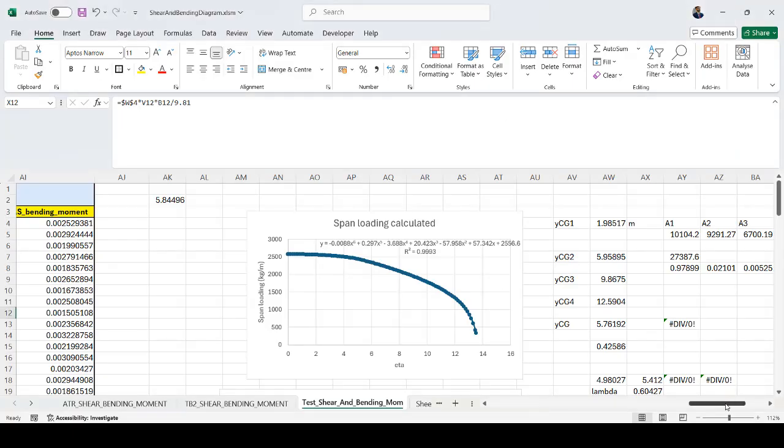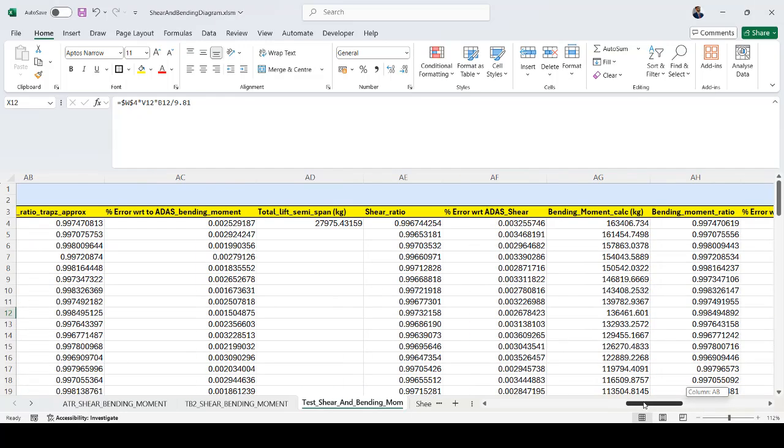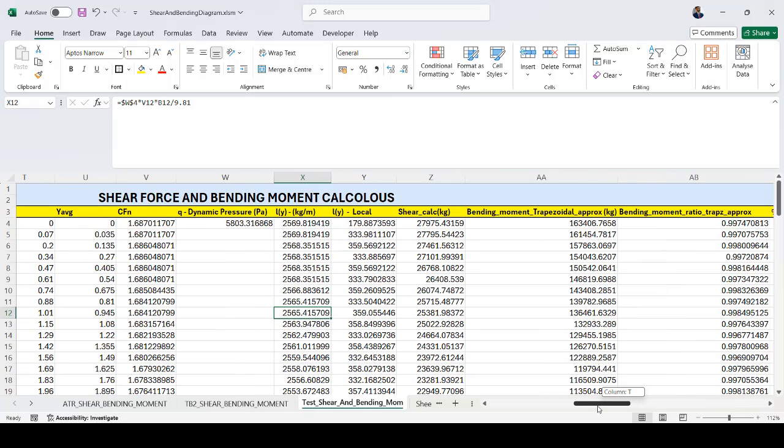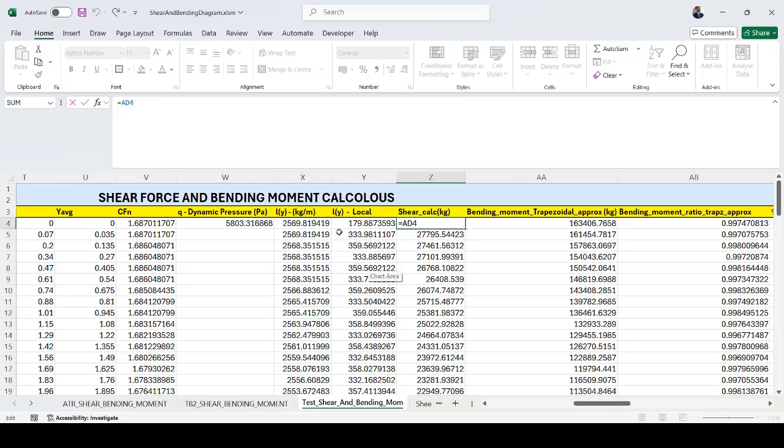So, having obtained this distribution, now we can calculate the shear force that is calculated here. So the summation, let's say, Ly is the local load. This quantity is expressed in kilogram, and in this case it is the trapezoidal approximation.